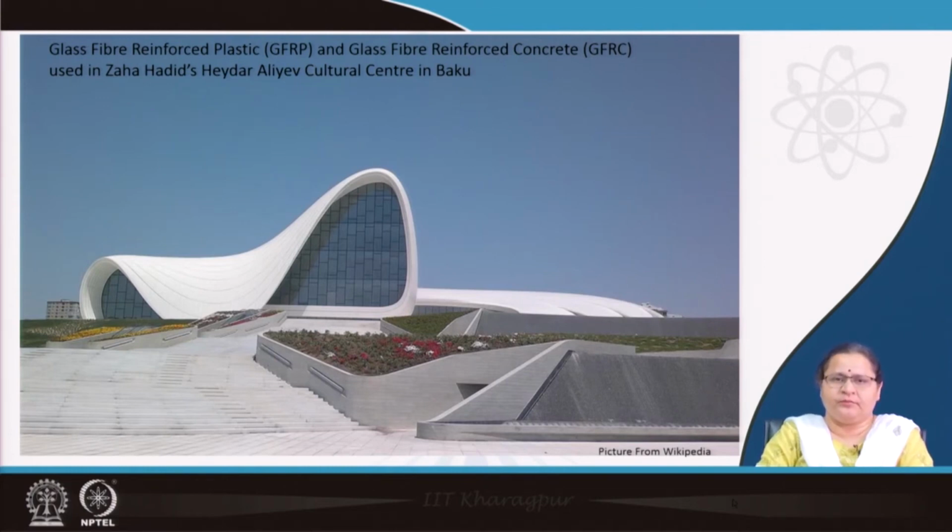You all may have seen it or will study it in your courses. You will know architect Zaha Hadid. This particular shape was possible because of the composite material of GFRP and GFRC.